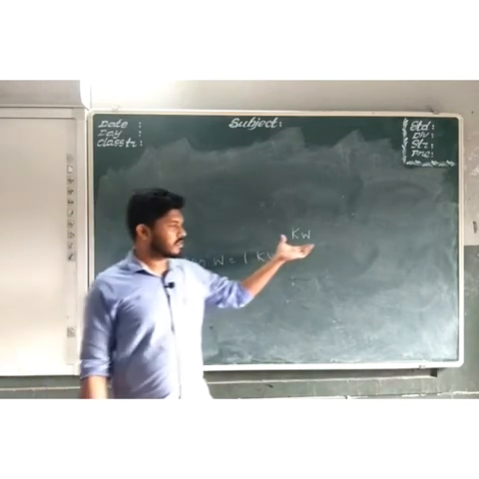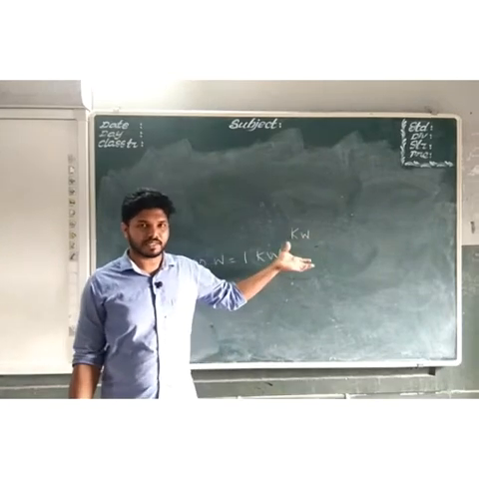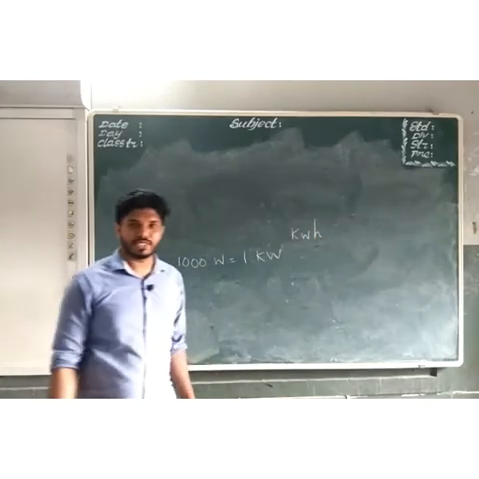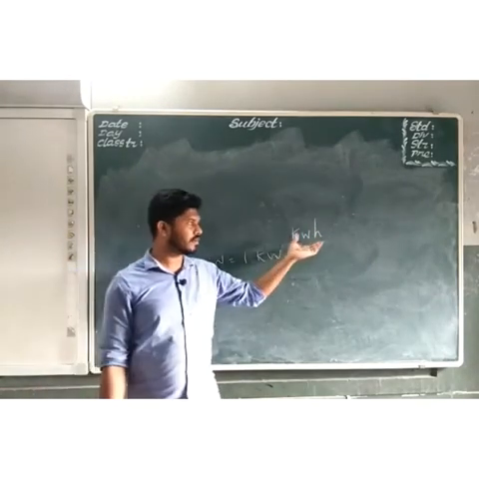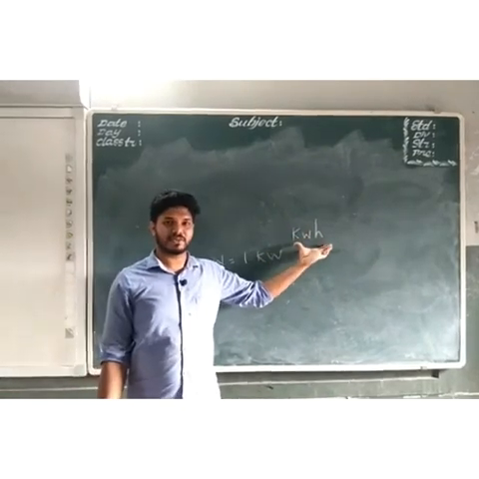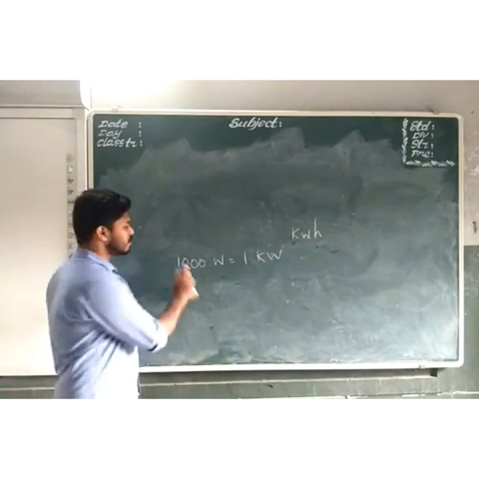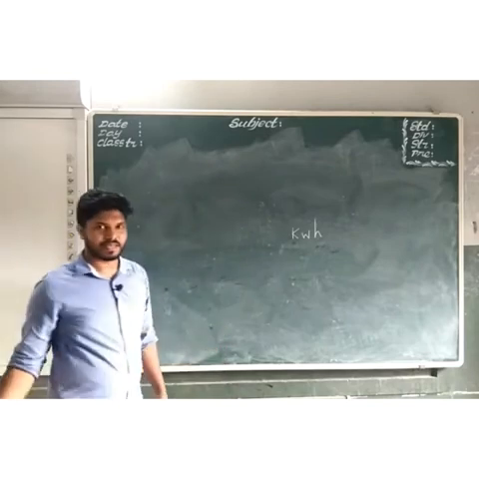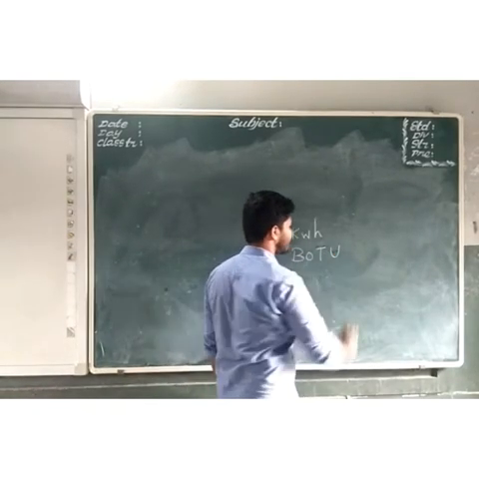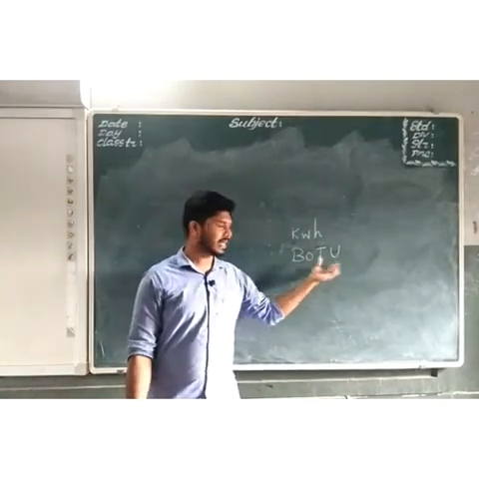In electric meters provided by KSEB you can see kilowatt and another unit along with this, kWh, that is kilowatt hour. Therefore these electric meters are also known as kilowatt hour meters. One more name for this is BOTU, Board of Trade Unit.